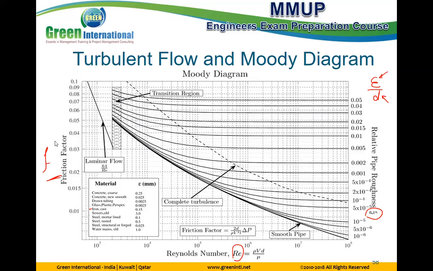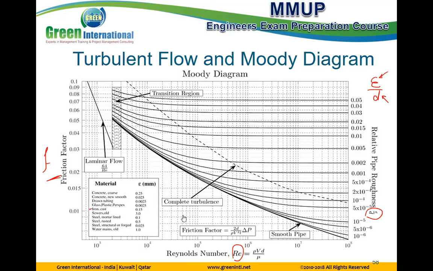The pure horizontal line is for the friction factor, and the pure vertical line is for the Reynolds number. So to calculate the friction factor, you should at least know the value of the Reynolds number from this side and the relative pipe roughness from this side, make the intersection, and go to the left to get the friction factor. Clear?